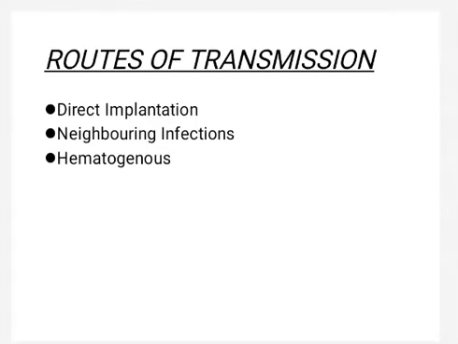Then coming to the next one, neighboring infections. This includes paranasal sinus infections, otitis media, infected teeth, osteomyelitis of the skull bones and vertebra. All these types of infections can lead to the development of CNS infections. Now coming to the most important and more common path, hematogenous spread.